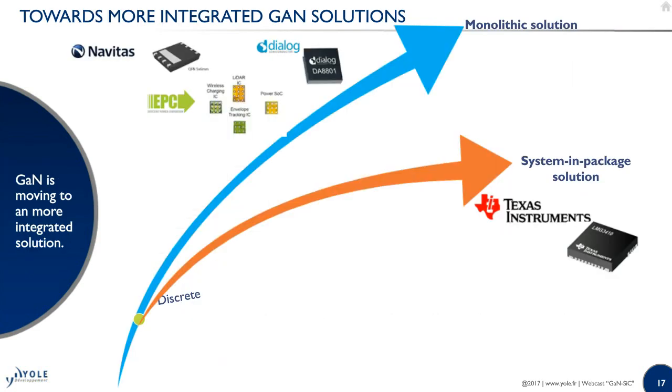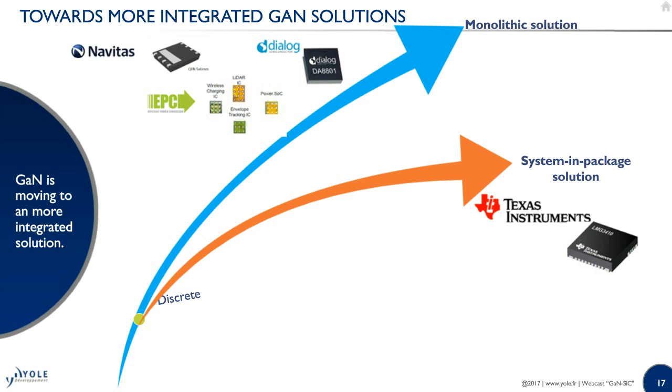For the technical trend, in the last 2 years we have noticed that more and more players are working to offer more integrated solutions. We have Navitas, Dialog, and EPC proposing monolithic solutions with either several transistors or an integrated driver and other functions such as current protection.